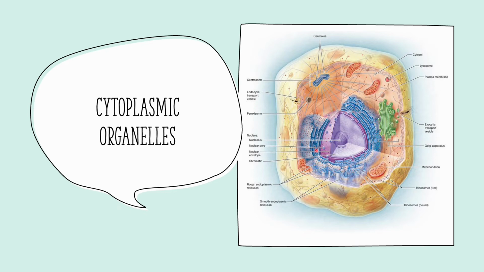Here's the nucleus. This is the chromatin, kind of like a fluid within the nucleus. Then you have the envelope of the nucleus, the nucleus itself, and the nuclear pore right here.